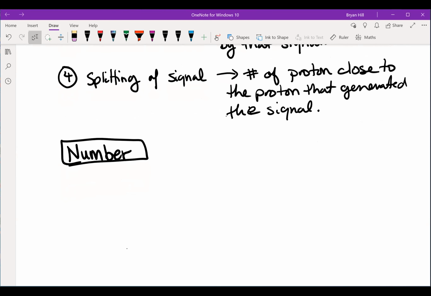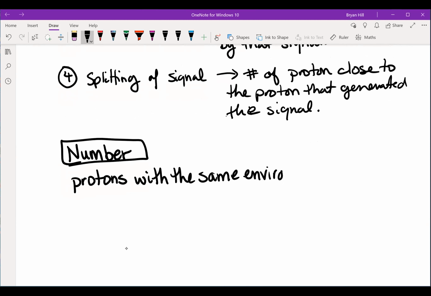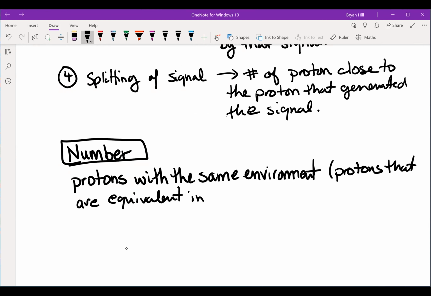Okay, so let's see here. Protons with the same environment. Think of these as protons that are equivalent in chemical reactions.